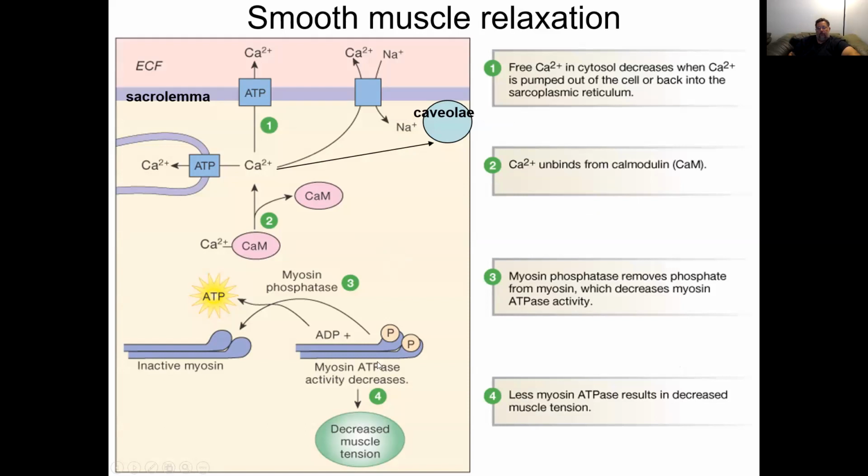The myosin phosphatase reverses and makes ATP again. The muscles relax down here.